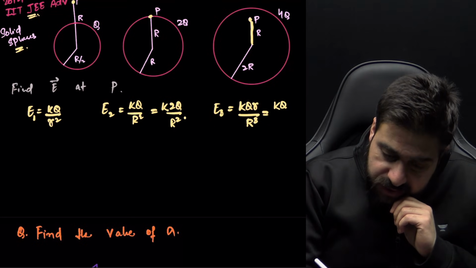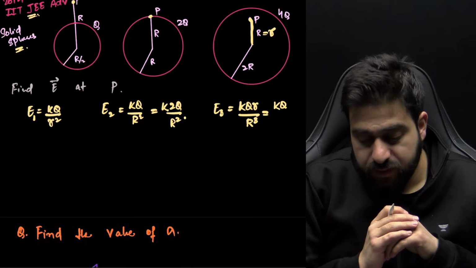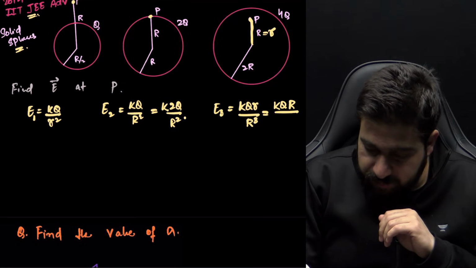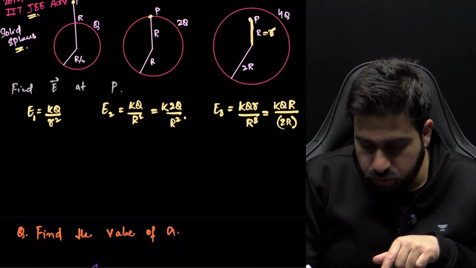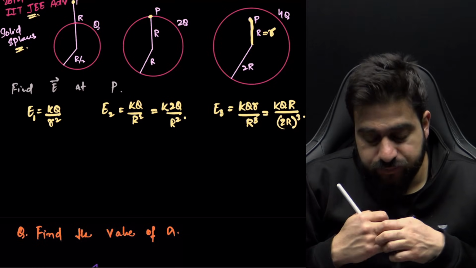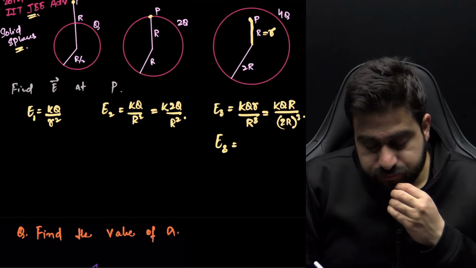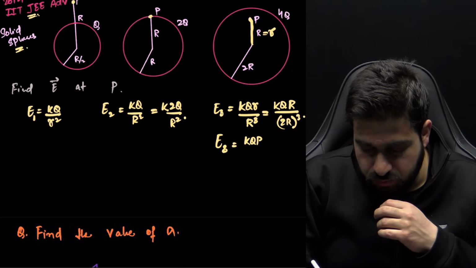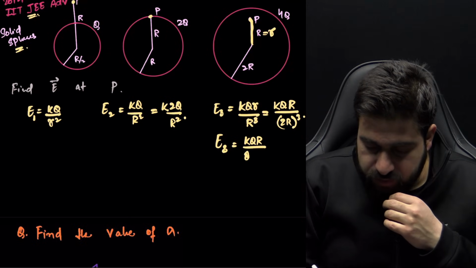Small r is the distance inside where you have to find the electric field, that is r. Capital R means the radius, so that will be 2r whole cube. So E3 will come out to be KQr divided by 2r cube, that is 8.